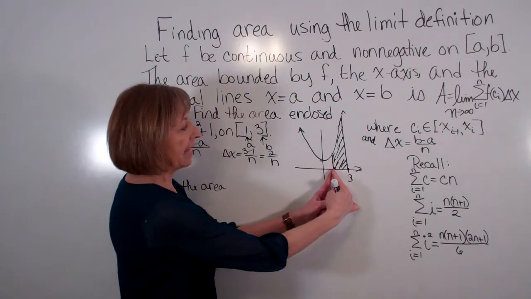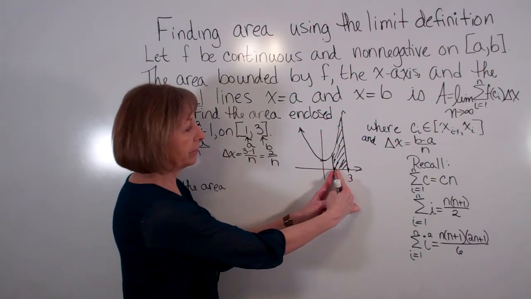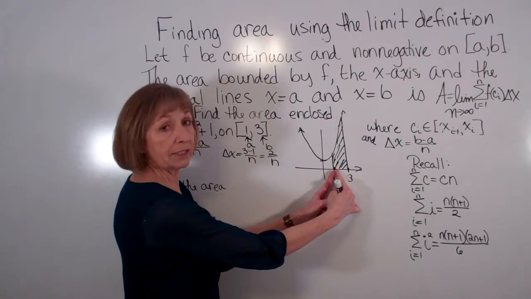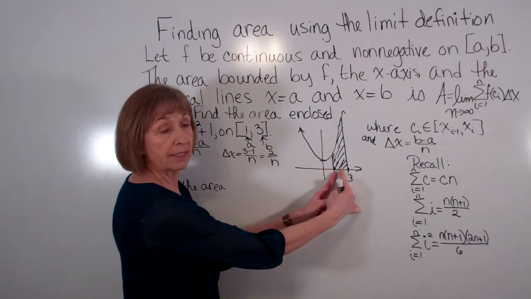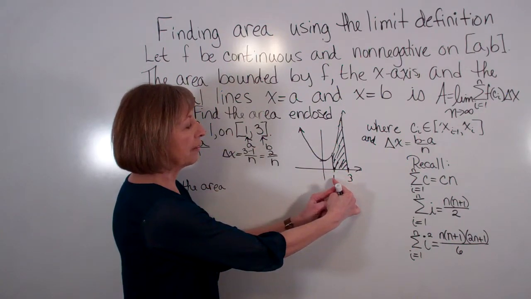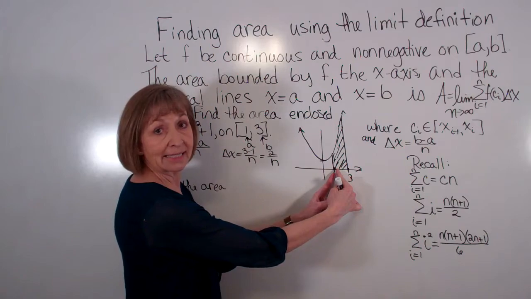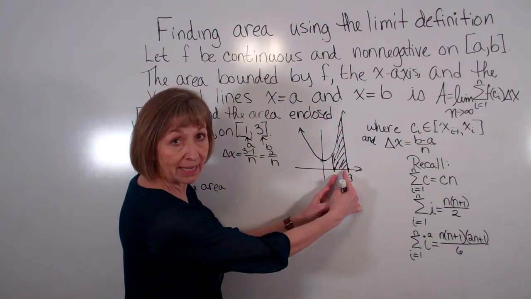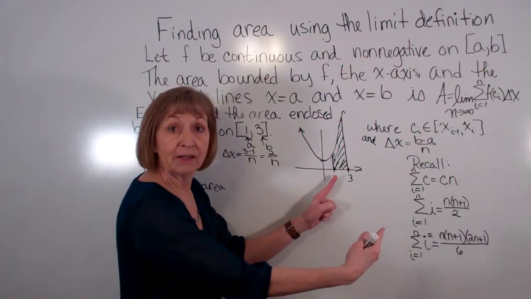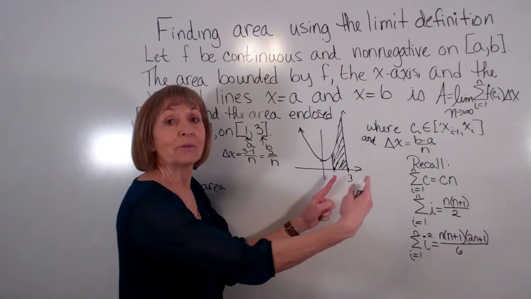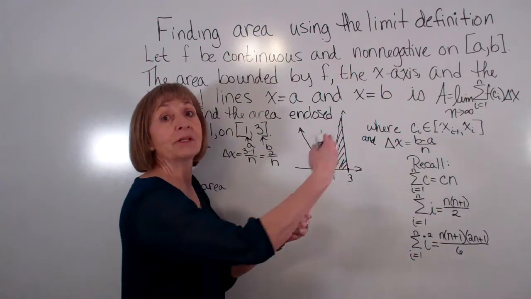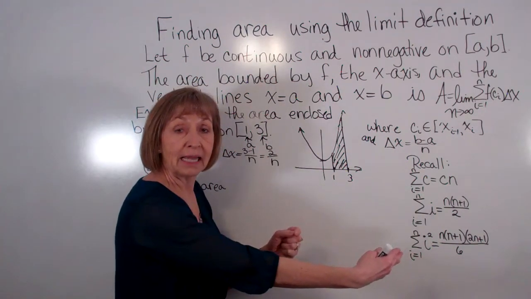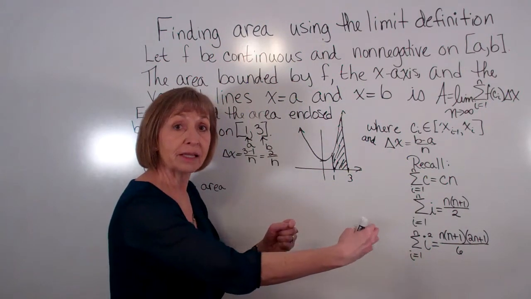Now as I break this up into subintervals, my right endpoint is what my right finger would be pointing to. So when I start with my a and add a delta x, that would be a plus delta x for the right endpoint of my first subinterval. And it'll be a plus 2 delta x for the right endpoint of my second subinterval, and a plus 3 delta x for the right endpoint of my third subinterval.